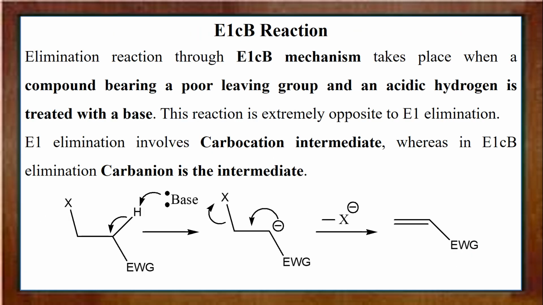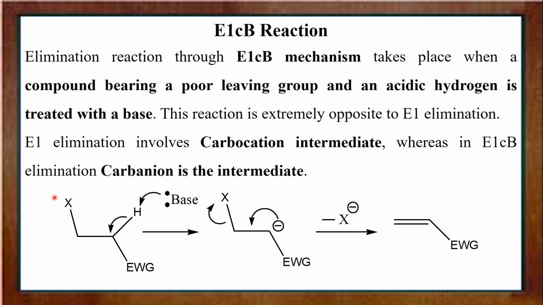Another mechanism by which beta elimination takes place is unimolecular elimination through conjugate base, E1CB. E1 for unimolecular elimination, CB for conjugate base. This E1CB mechanism operates in compounds bearing a poor leaving group. When it is removed, it should be very less stable.